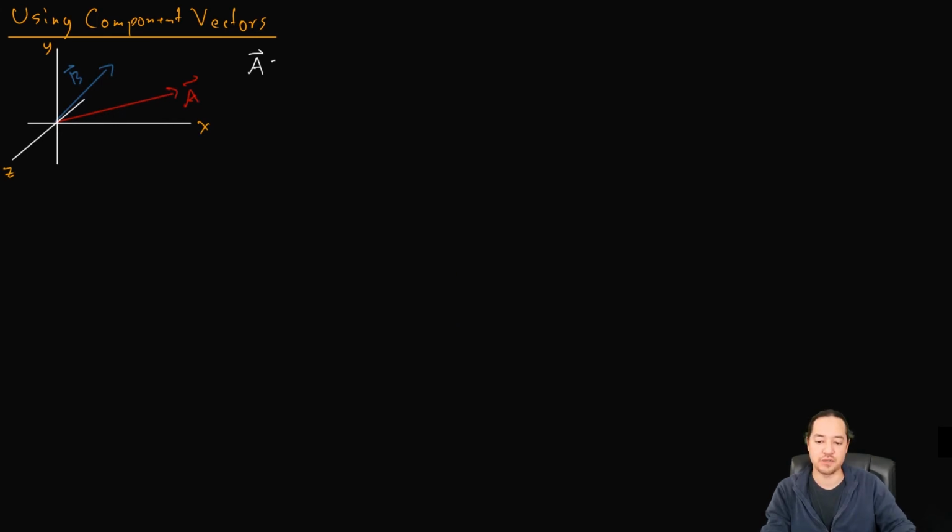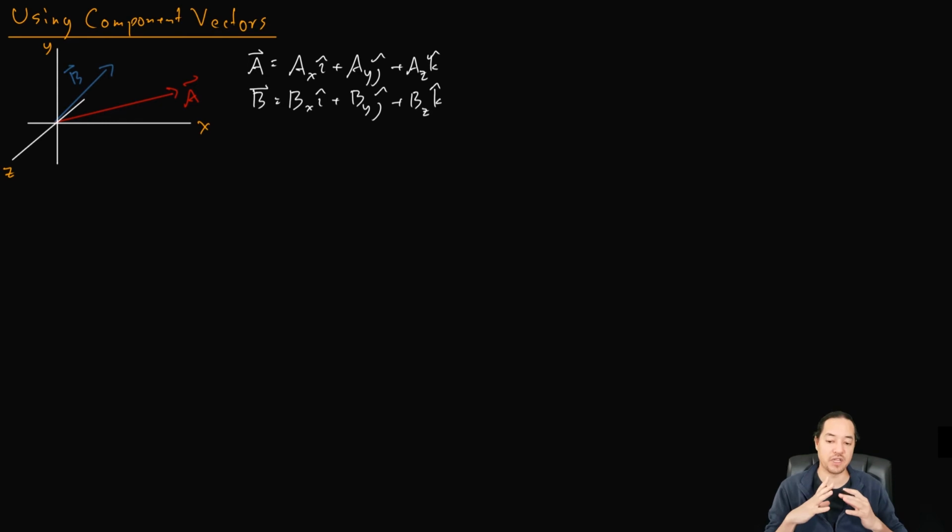Vector A, we can write down using IJK notation as A sub x i hat plus A sub y j hat plus A sub z k hat. Remember that? We learned about this unit vector notation. Vector B is the same way: B sub x i hat plus B sub y j hat plus B sub z k hat. So we've got this unit vector, component vector notation.